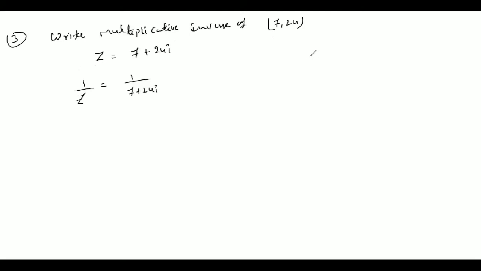Just now I said a formula: 1 by z equals a by a square plus b square minus i into b by a square plus b square.